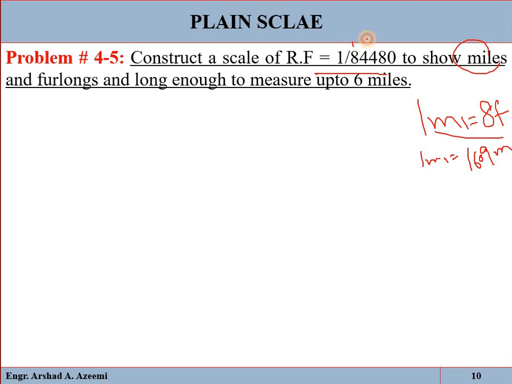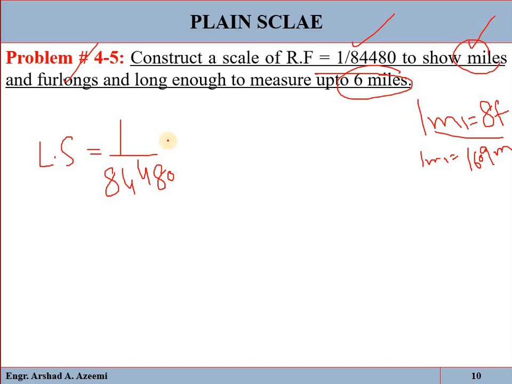Now the representative fraction is given, the maximum length is given, and we have to represent the mile and furlong in the scale. So just find out the length of the scale, which will be equal to the representative fraction 1/84480 multiplied by the maximum length, which is 6 mile.